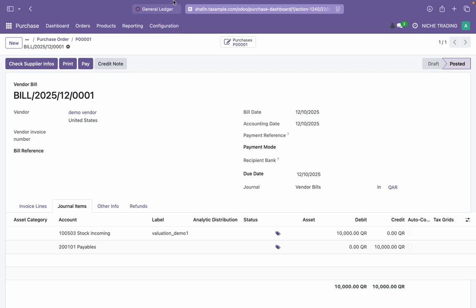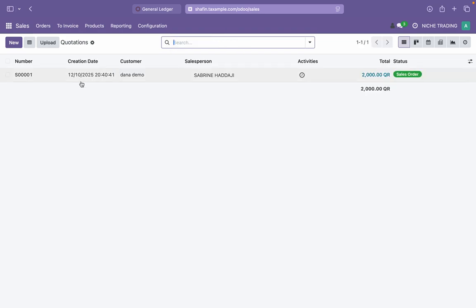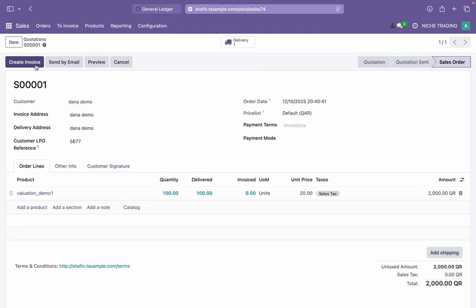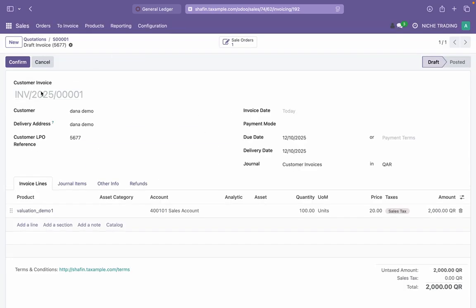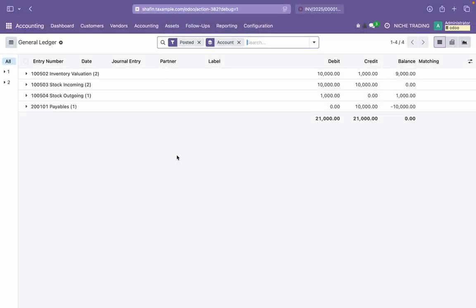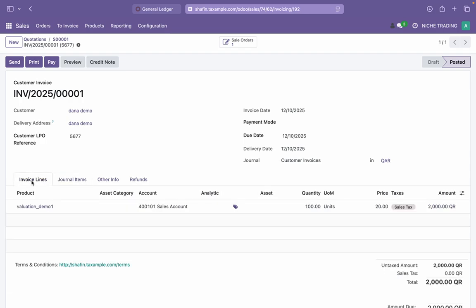Fine. So now let's go back to the sales orders, and this is also pending invoice, right? So let's proceed with the regular invoice, and we just put the invoice date and confirm this right away. Let's look at the specific journal. See, this is the automation here. Sales account is credit, stock outgoing is going down for 1000 reals, for 100 units at 20.